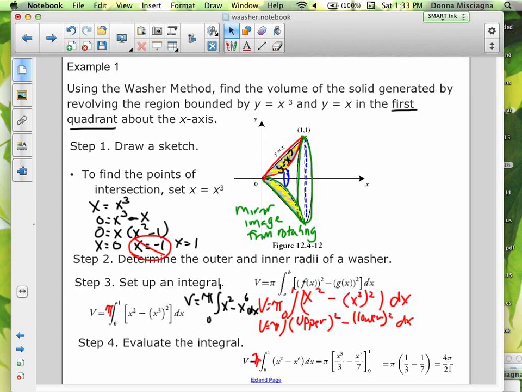If I just graph the lines, it's just that area there, but that area is being rotated, and that's what creates this part here. So I drew in the rest of the figure so you can get a sense of it, which is a good idea actually. Then you can see where your outer and your inner is. The outer goes between the outsides of the function, and the inner is between the two functions.